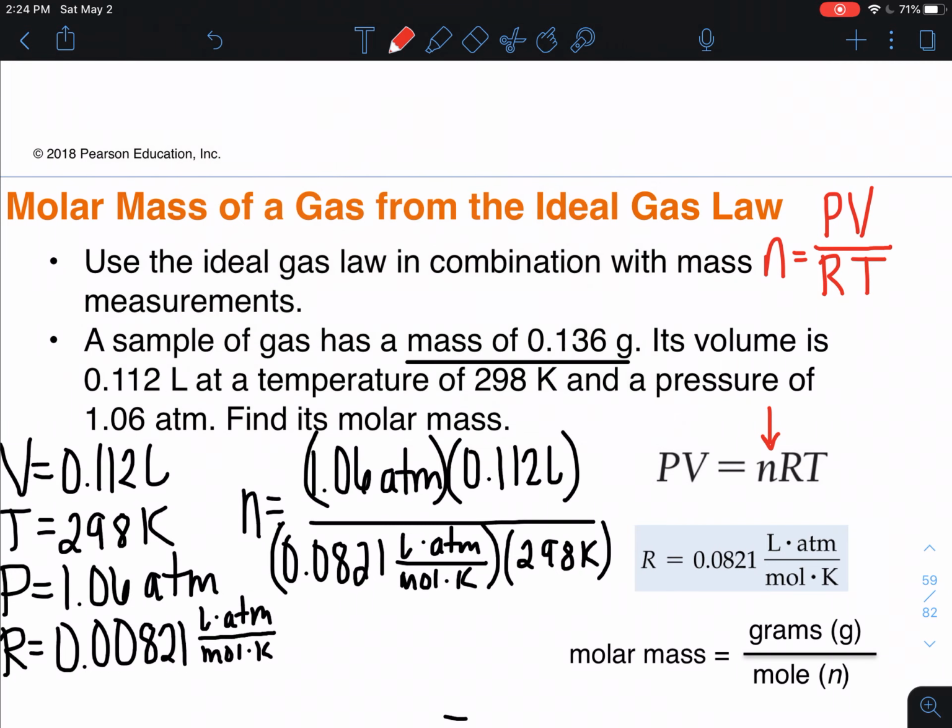Then we make sure all of our units cancel. So atm cancels, liters cancel, Kelvin cancels. Our answer is left in mole, which is what we want.